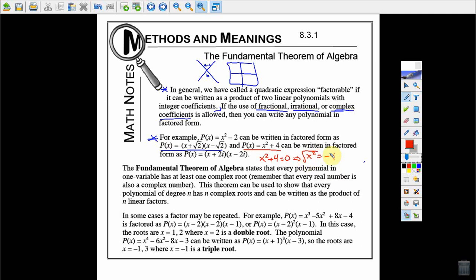And once we take the square root of a negative, then we have to introduce i. So this is going to equal plus or minus 2i. So in factored form, that's going to look like this: x plus 2i and x minus 2i. So in the blue we have irrational factors, and in the red we have complex factors.